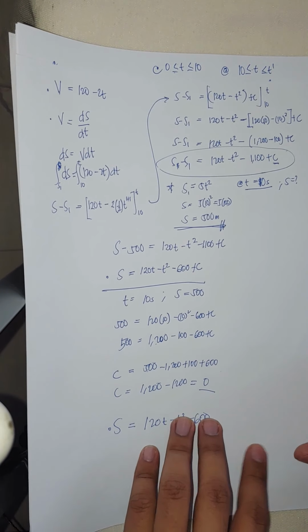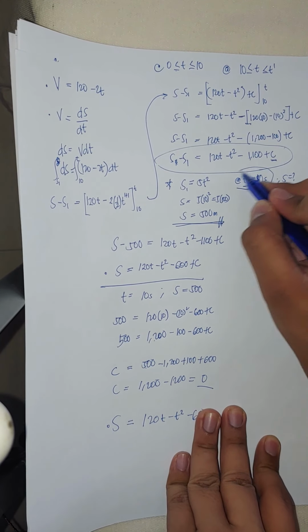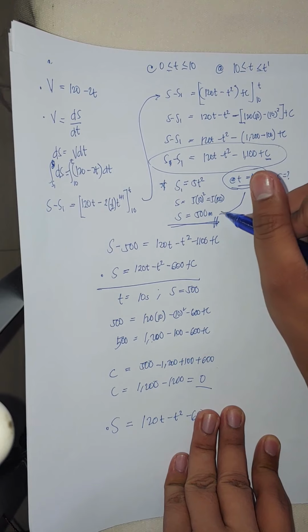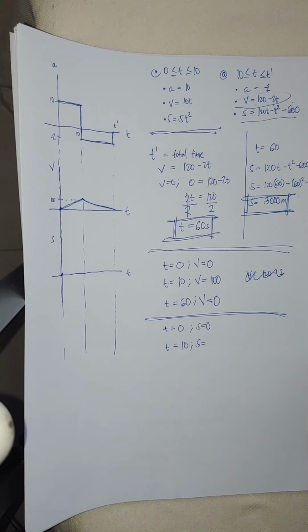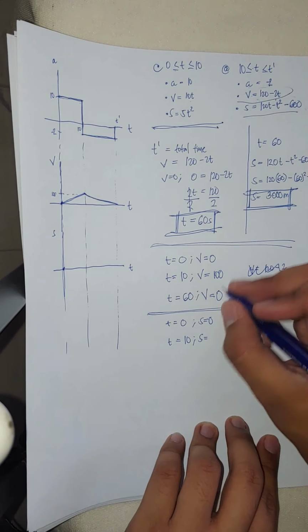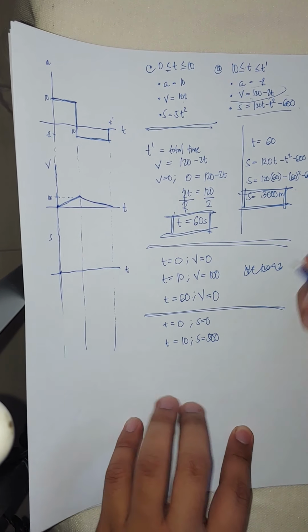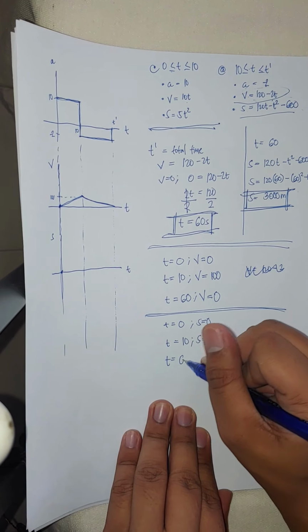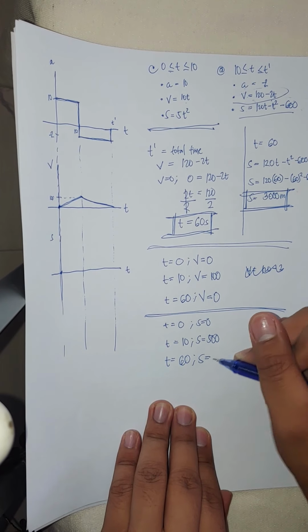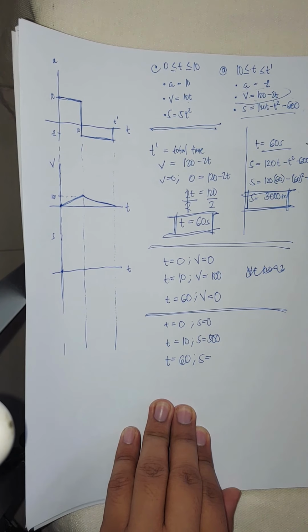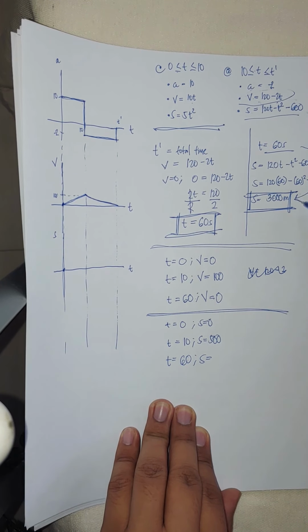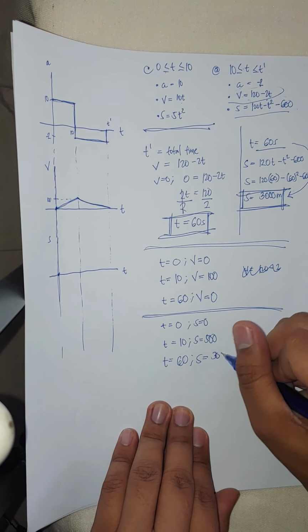At time is equal to 10 seconds, our position is at 500 meters. So, we have here 500. At time is equal to 60 seconds, pila tong position? At 60 seconds, the position is 3,000 meters. So, this is 3,000 meters.